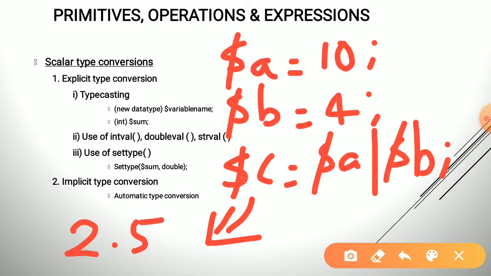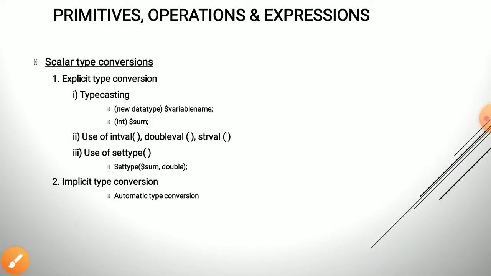That means in case of division, even if both operands are integers, the result will be automatically converted to a double value. So this is an example of implicit or automatic type conversion. This scalar type conversion is an important topic. The two methods are explicit type conversion and implicit type conversion.